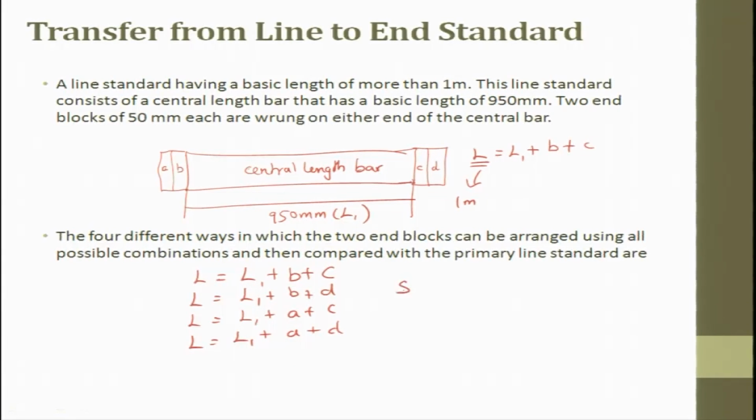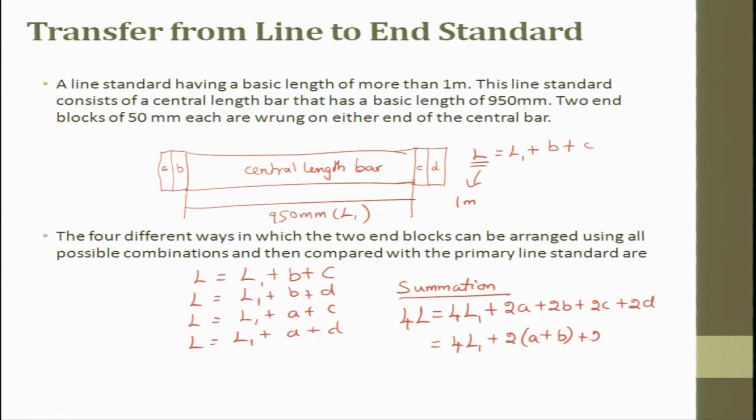When you sum them up, the summation of all these will be 4L equal to 4 times L1 plus 2 times A plus 2 times B plus 2 times C plus 2 times D. This can be written as 4 times L1 plus 2 times (A plus B), plus 2 times (C plus D).